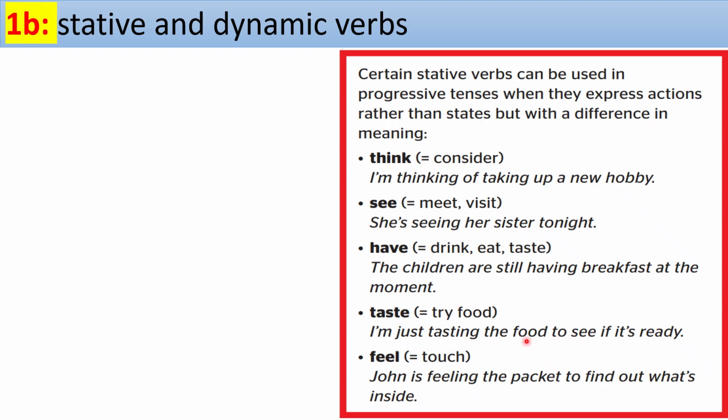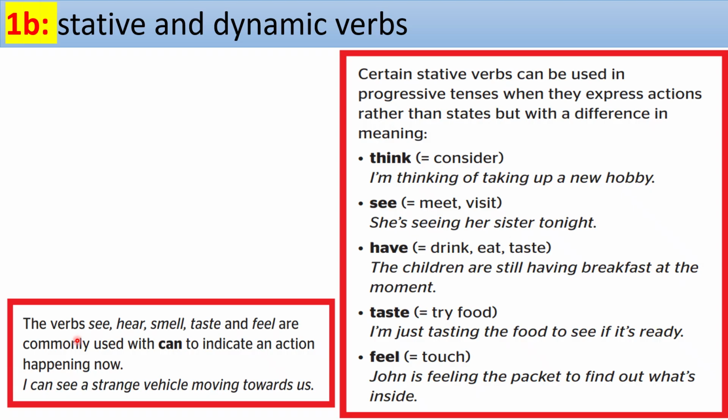So I am doing the action now. The verb feel, normally feel is present simple, but if you have the meaning of touching, we use it in the present progressive. John is feeling the packet to find out what's inside. So whenever you use a stative verb in the present progressive, the meaning will change.